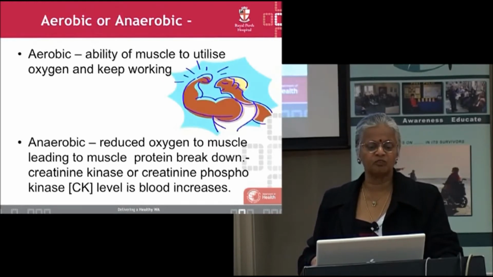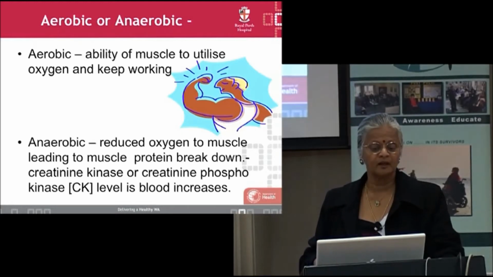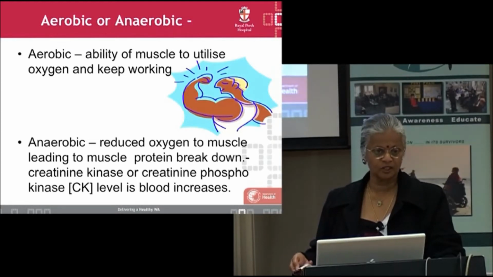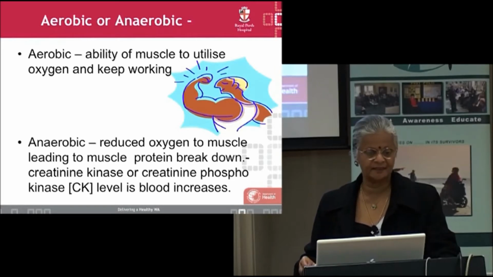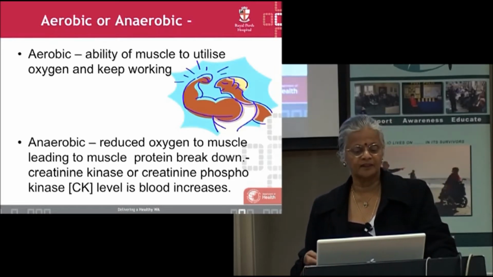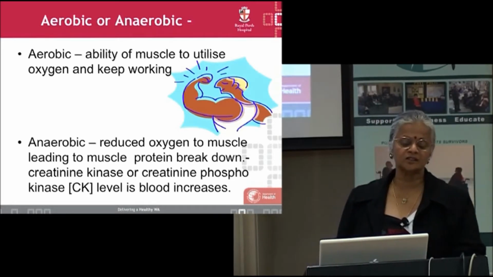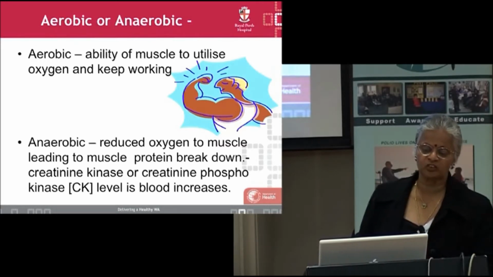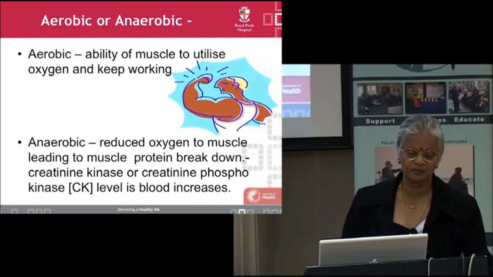So aerobic is the ability of muscles to utilize oxygen and keep working. That's aerobic capacity. Anaerobic is reduced oxygen to the muscle, leading to muscle protein breakdown. Okay, and the muscle protein breakdown can be detected in your blood by the test for creatine kinase, creatine phosphokinase, CPK or CK, it's the same thing.